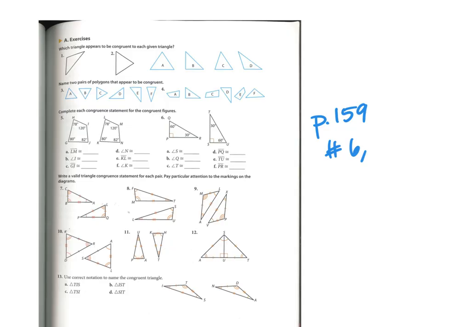Number 10 is stating, and now number 10 could be multiple, like not all of you, but 3 of you obviously could give different answers for how you list this one out, because number 10 is asking you to make a congruency statement for the triangle. Are you going to say triangle ABC is congruent to triangle DEF? Are you going to say triangle XYZ is congruent to whatever?